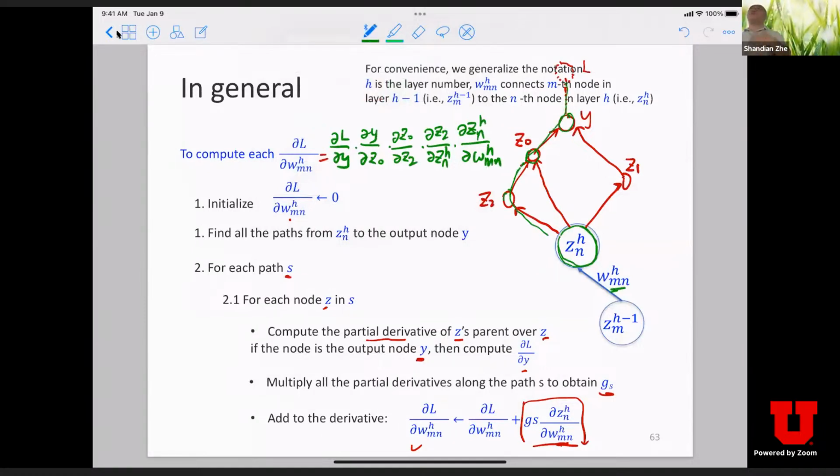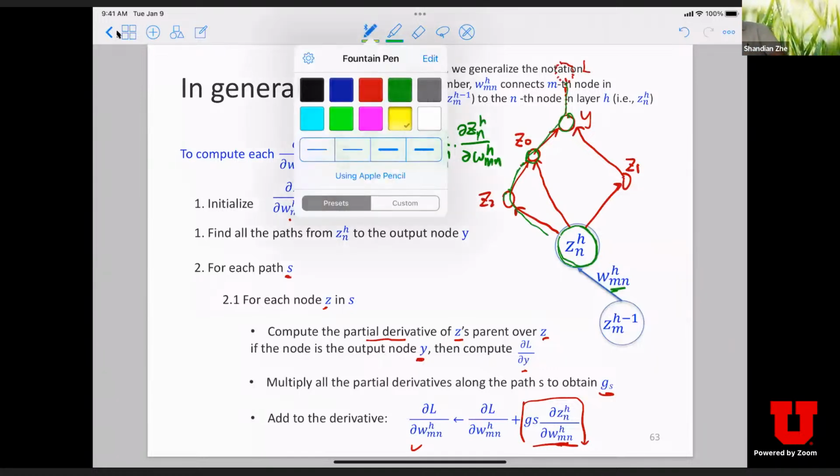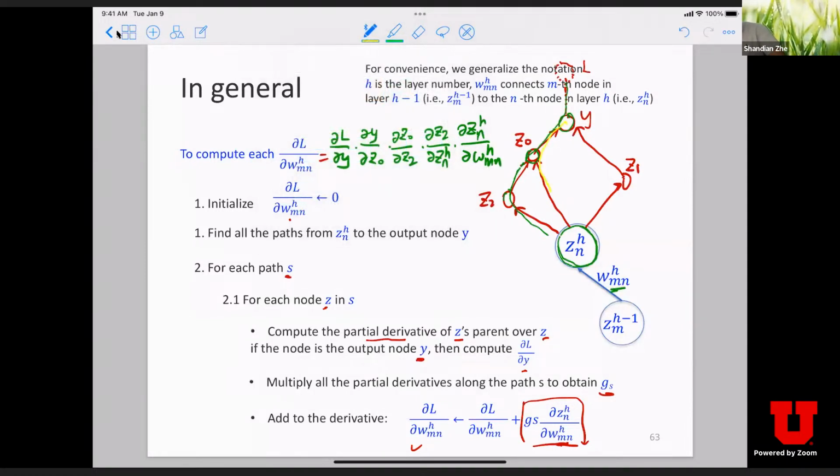We only finished the first pass. Remember, we have 3 passes. So the second pass, we're going to follow the same procedure. So it's from Y, Z0, and then ZNH. Again, starting from Y, on Y we always compute partial L over partial Y. And then from Y, go back to Z0. Look at the yellow pass. So the parent is Y, the child is Z0.